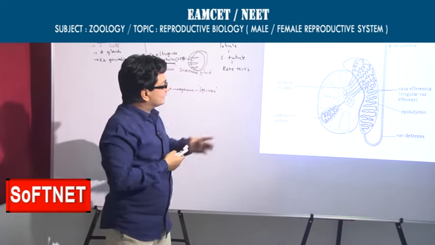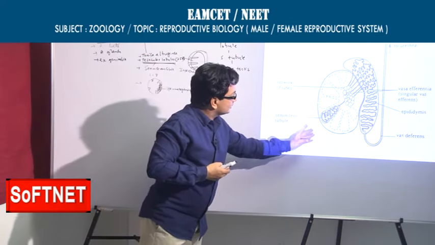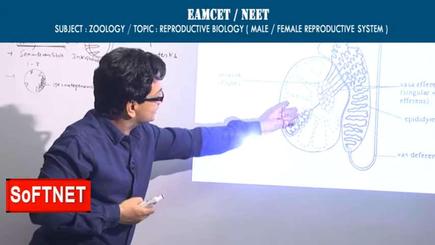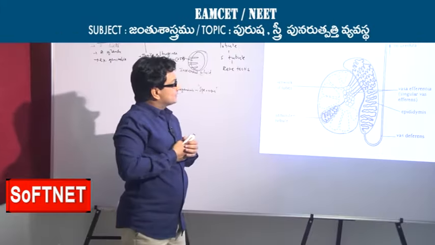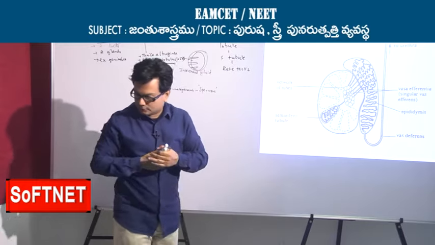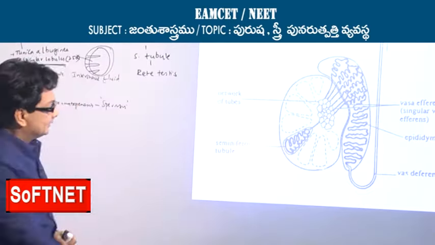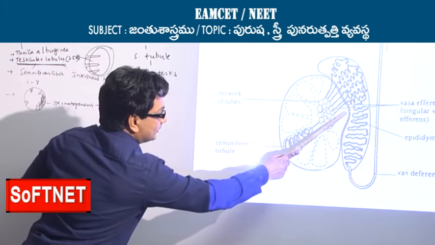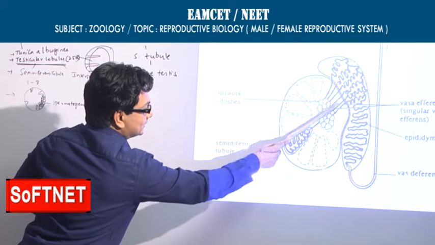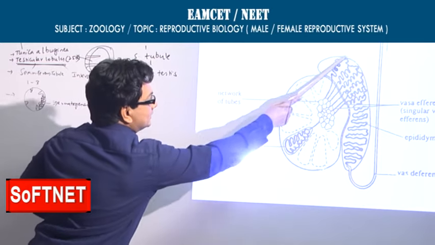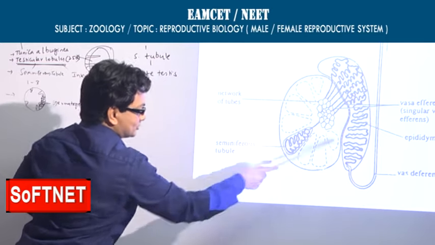As you see here, the seminiferous tubules lead into a network of tubules, which we call the rete testis. The continuation of the rete testis is the vasa efferentia. Of course, the singular is the vas efferens, but the plural is the vasa efferentia. They open into a system called the epididymis.